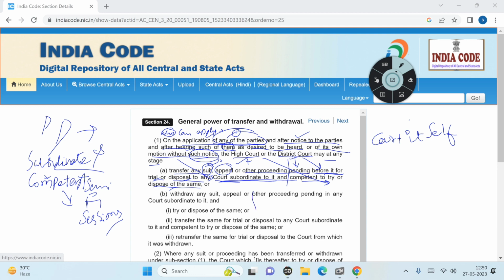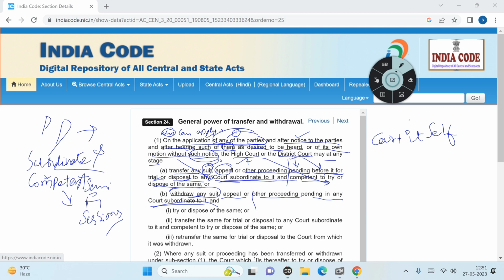Next, not only transfer, withdraw any suit, appeal or other proceeding pending in any court subordinate to it. So here, transfer is from one court to another court. Withdrawal: when the case is pending in a subordinate court to the high court or district court, then it can withdraw the suit or appeal or other proceeding.